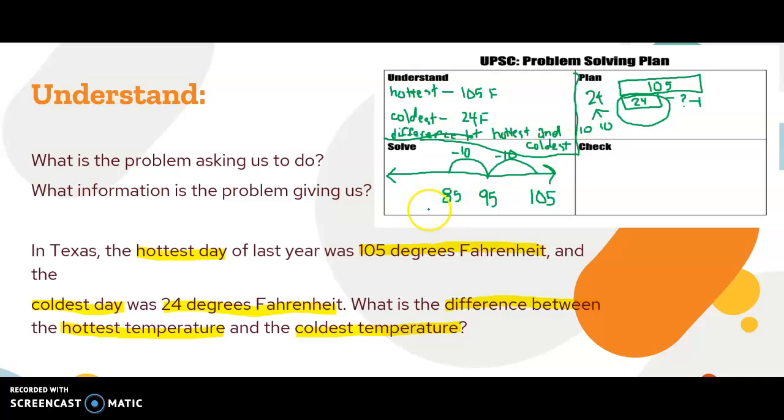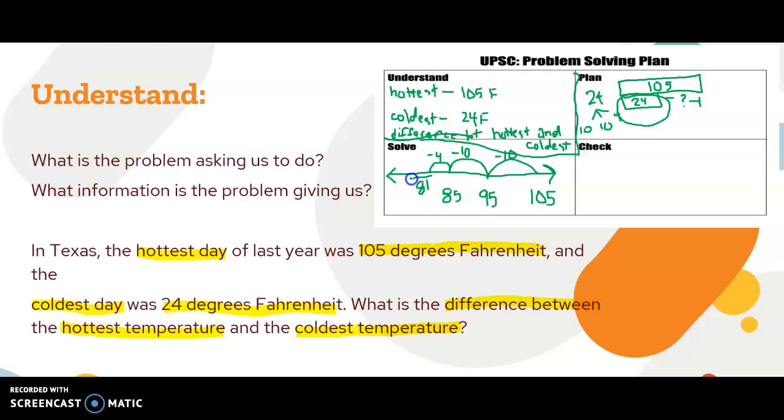And since I've already gone back 20, now I need to go back 4 more. Okay, so if I count back 4 from 85, that's going to give me 81.